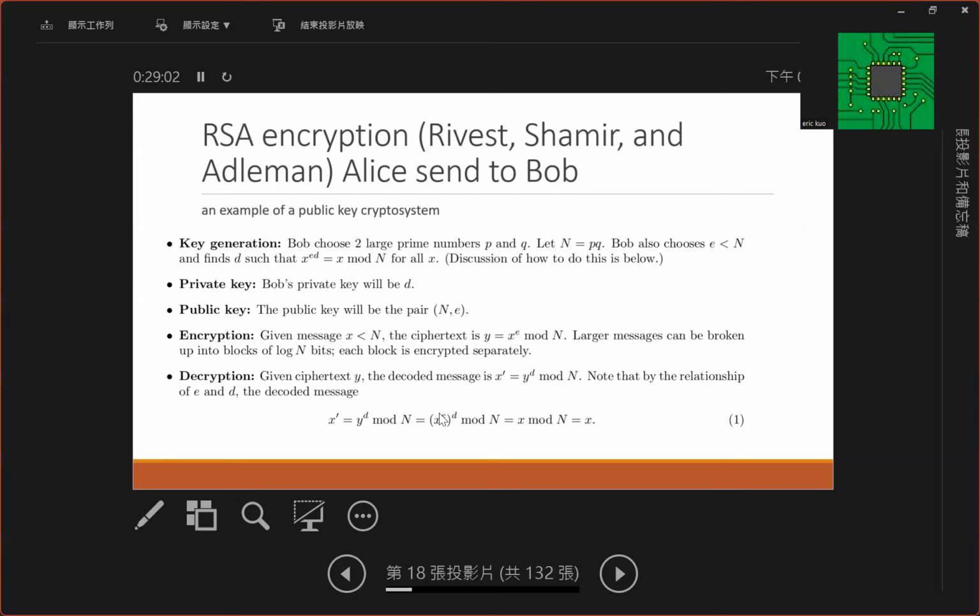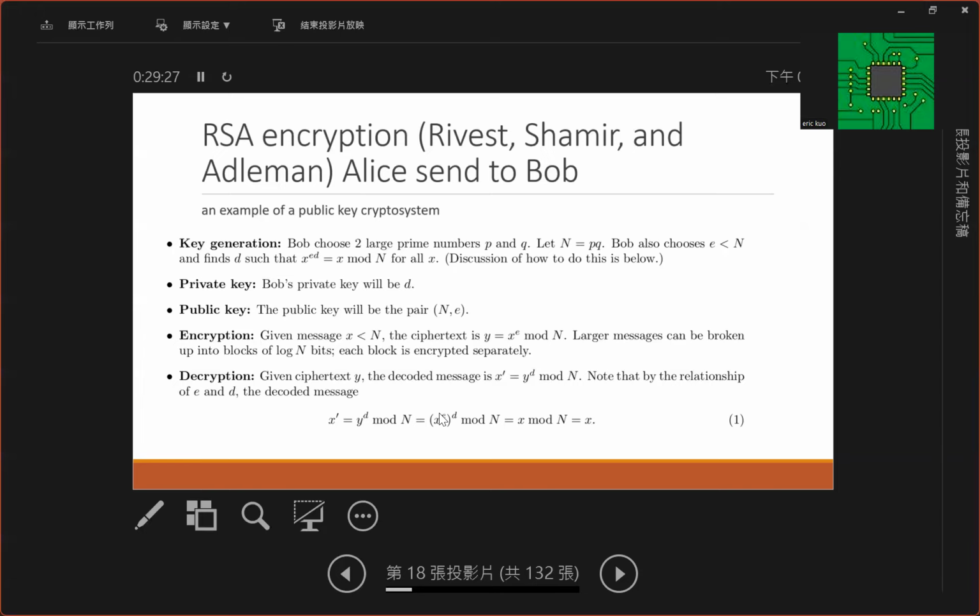So if Alice wants to send x, she just sends x to the power e mod n. Of course x to the power e may be extremely large, but we just take the remainder modulo n. Then it's going to be y.